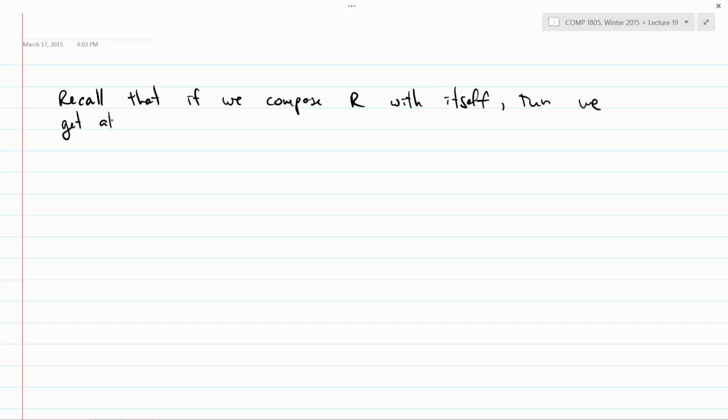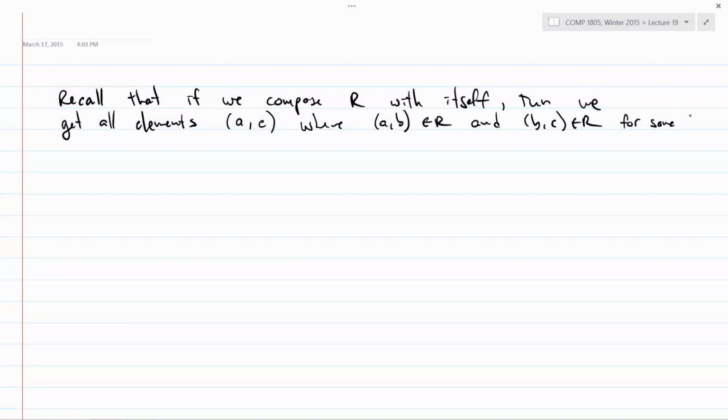Remember, last time we said that if we compose a relation R with itself, then we get all elements AC, where AB is in R and BC is in R for some B. That's what the definition of the composition was.